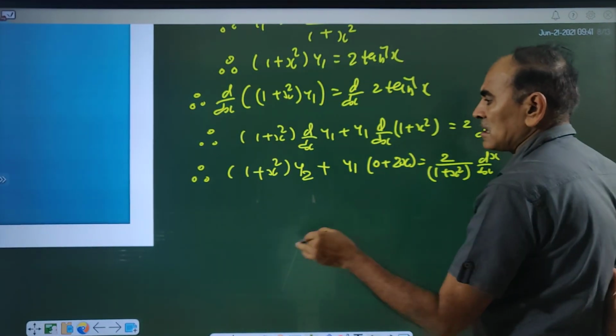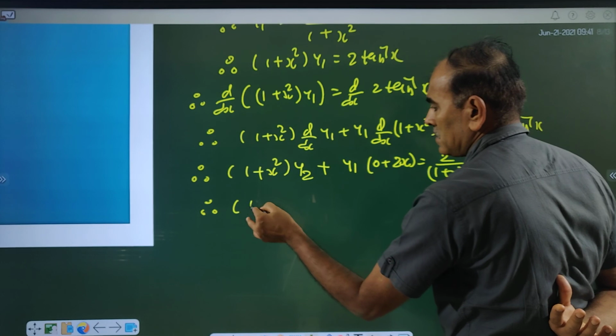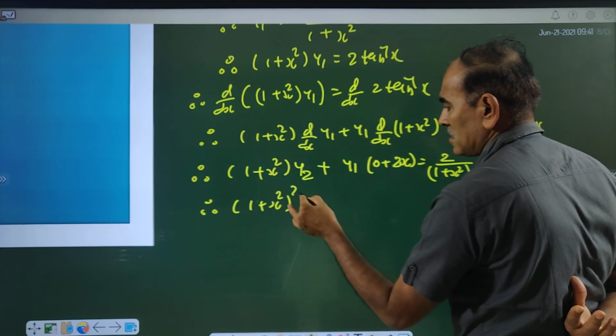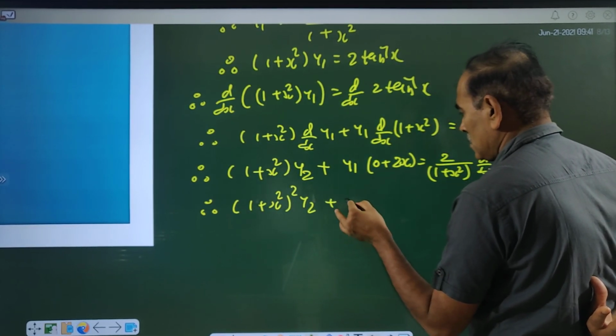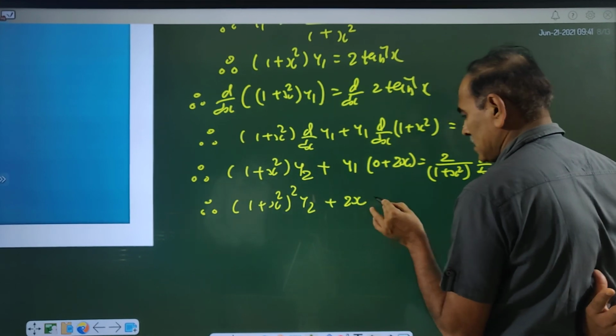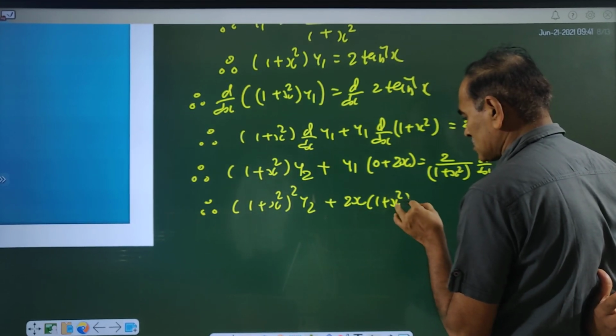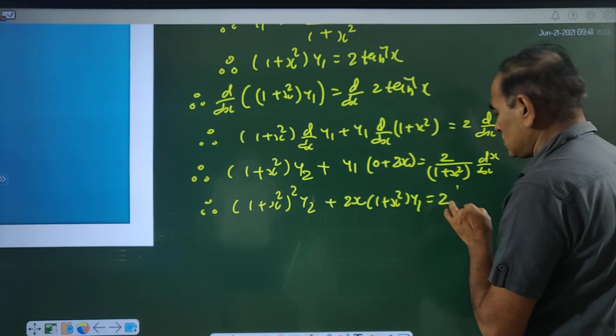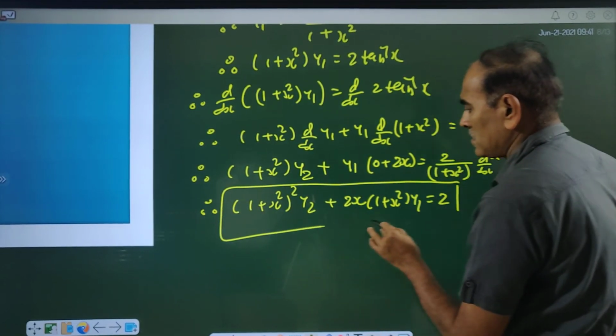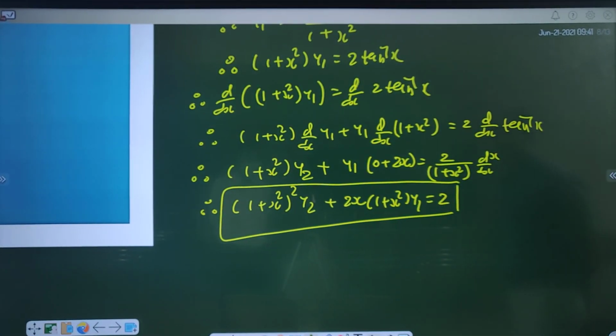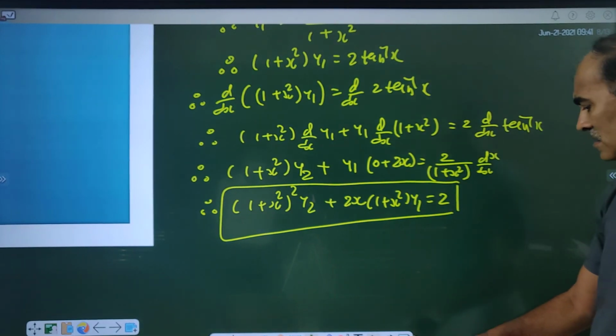Now take the LCM and get 1 plus x square whole square y2 plus 2x into 1 plus x square y1 is equal to 2. That thing we want to prove. Yes, dear friends.